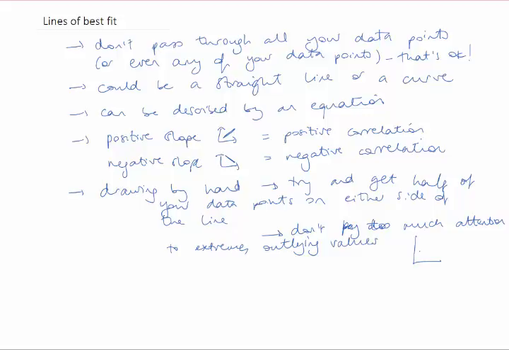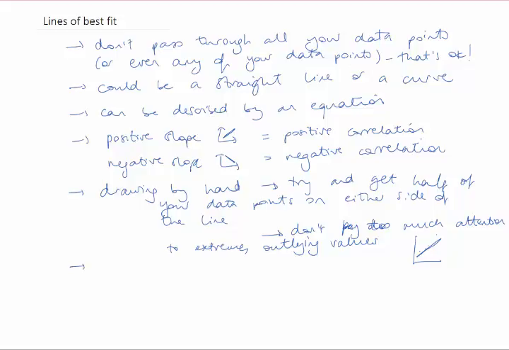So, for example, if we've got lots of nicely grouped together and then the last value is all the way up here, then you don't put your line to be like this. You'd concentrate more on these, probably do something like that.